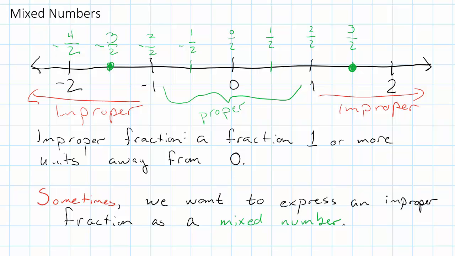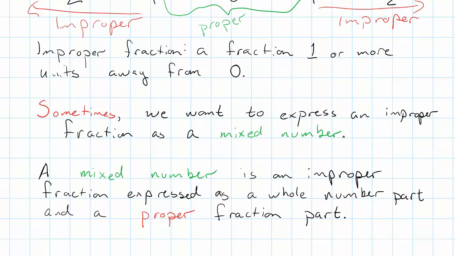A mixed number is a way of expressing an improper fraction as a whole number part and a proper fraction part. The purpose of expressing a fraction as a mixed number is to make it obvious what two whole numbers it falls in between, so to make it easier to find on the number line.